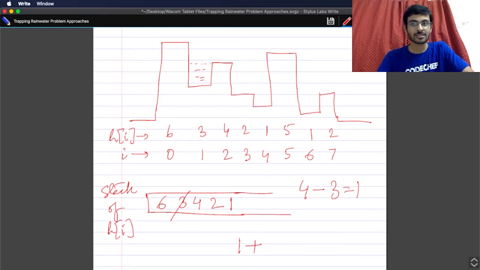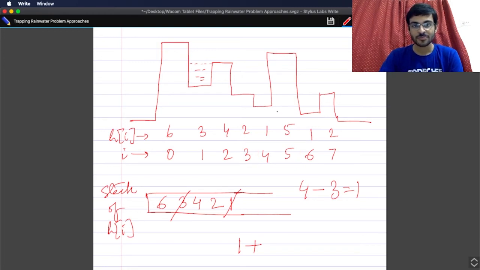It says 5, that okay, I found something greater. So 1, if the height is 1, then please get removed. Tell me who is your previous one, who is greater than you. The previous one who is greater than you is 2. So it says okay. Then using the index which is 3, and we know that after this we have 5 after this particular index, so between that we can store water.